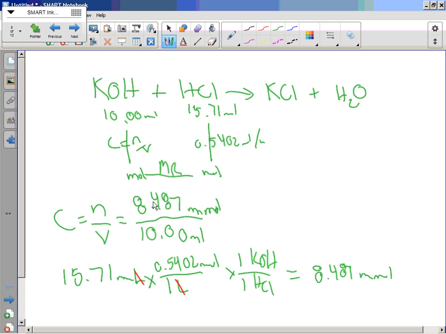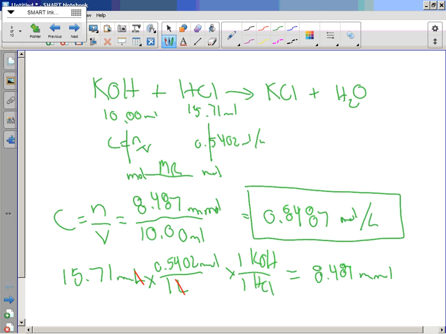And when you divide by 10, you move the decimal place over 1 to the left. 0.8487 moles per liter. Okay? All right? And that's how you do a titration calculation.